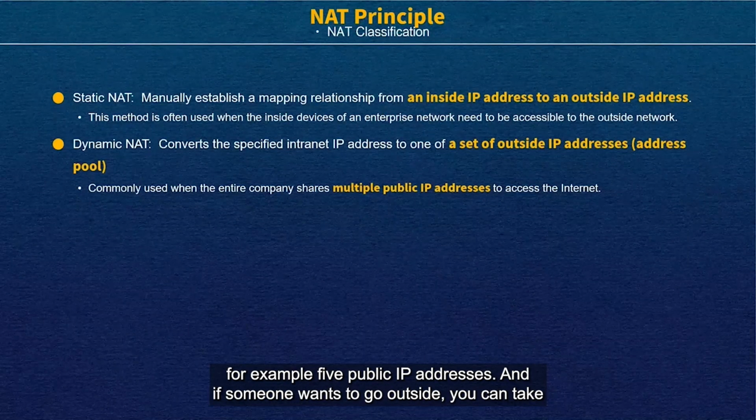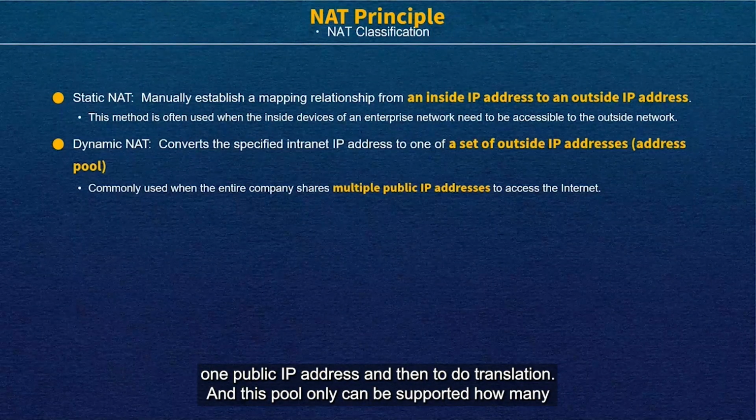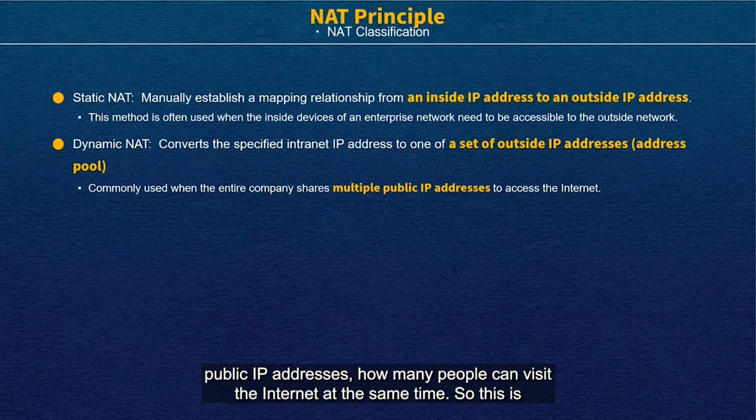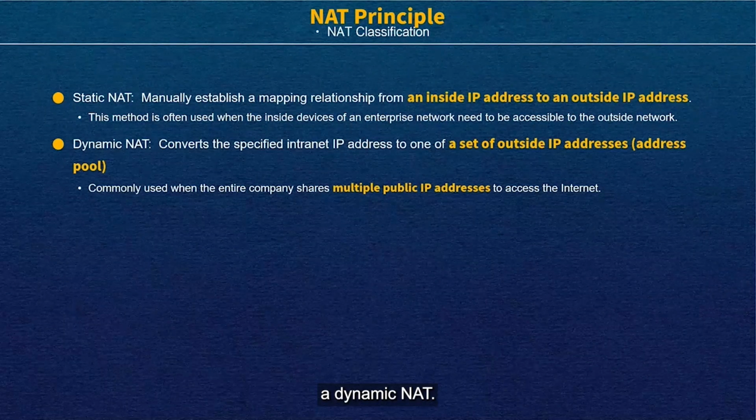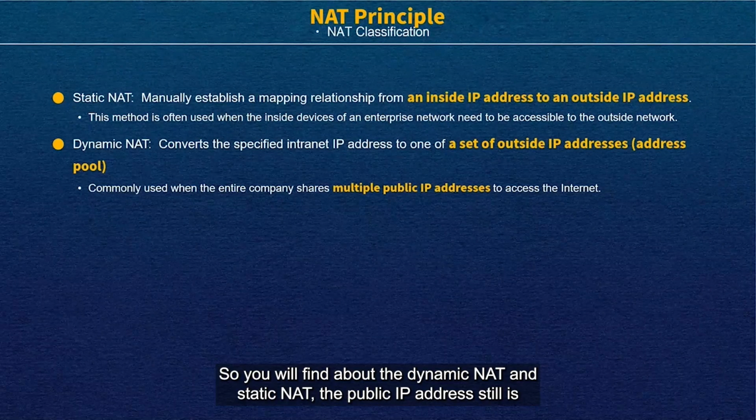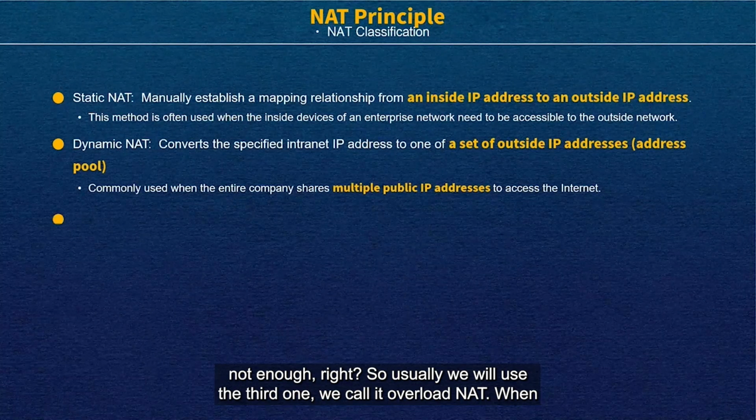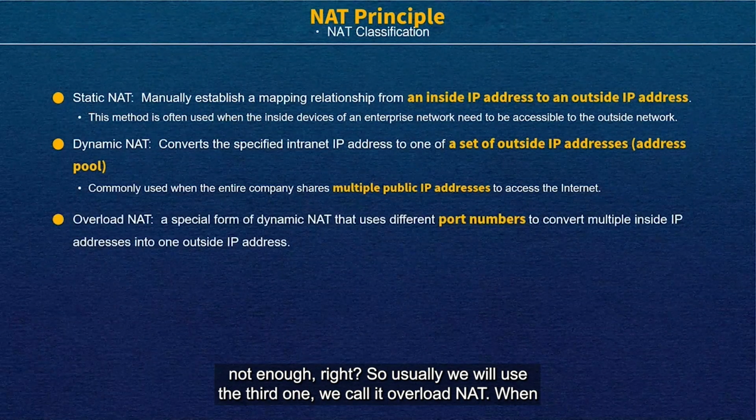If someone wants to go outside, you take one public IP address and then do the translation. And the pool can only support as many people visiting the internet at the same time as it has public IP addresses. So this is dynamic NAT. So you will find that with dynamic NAT and static NAT, the public IP addresses are not enough, right? So usually we will use the third one.